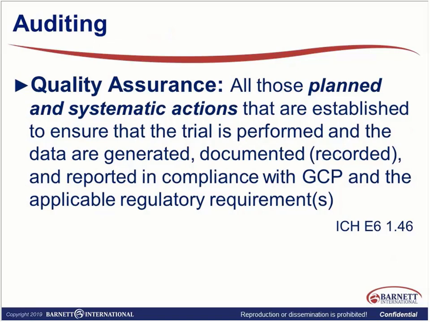And in good clinical practice, our product, if you will, is credible data from protected subjects. So it's all those planned and systematic actions to make sure that we're compliant, that we're all doing what it is we are supposed to be doing, so that we can understand and really sift through those quality subsystems to make sure we're getting where we need to go.